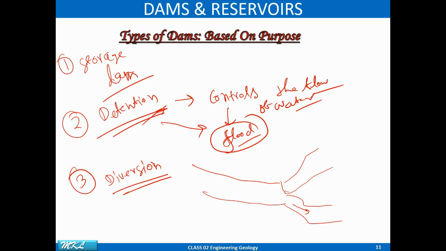Okay. Another temporarily built dam type is the coffer dam. Coffer dams are temporary dams constructed to exclude water from a certain site. Suppose you are doing some civil engineering construction, a bridge over a river, and there you have to exclude, if possible, some area.